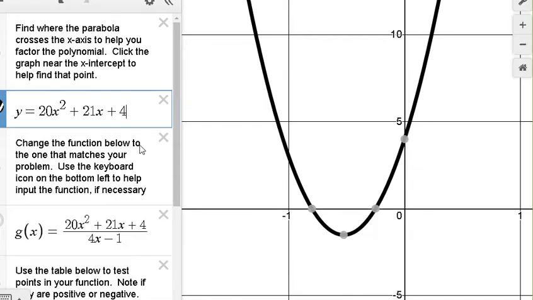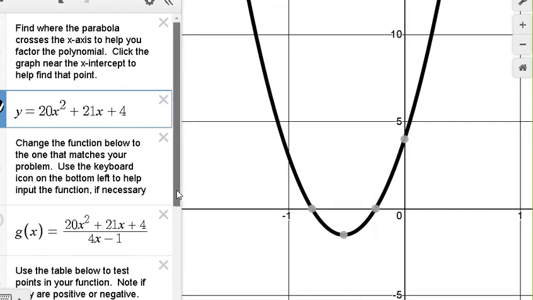So here's my little trick for you. We want to know where this is actually equal to 0. And the cool thing is that Desmos can solve that for you. Desmos has already got it solved. It's right here and right here. Negative 0.25 and negative 0.8.